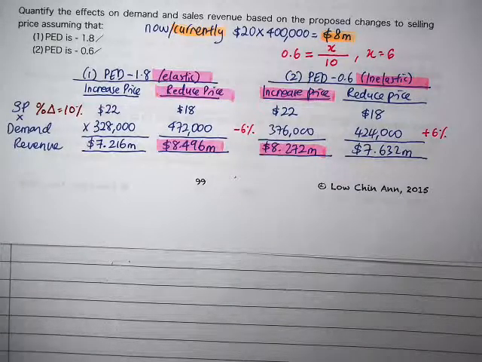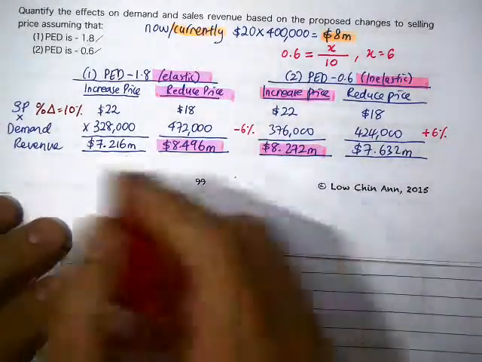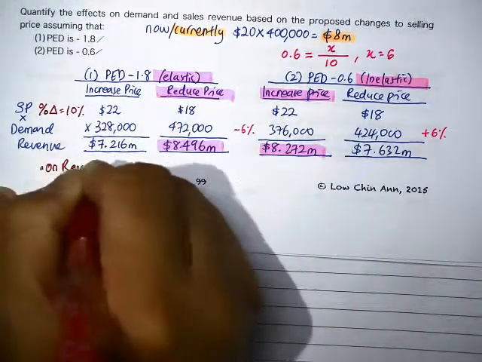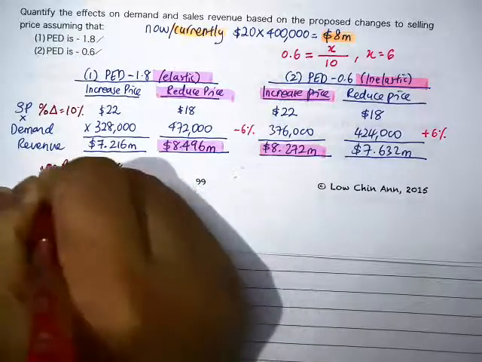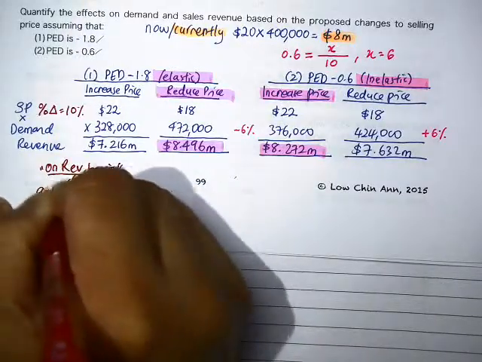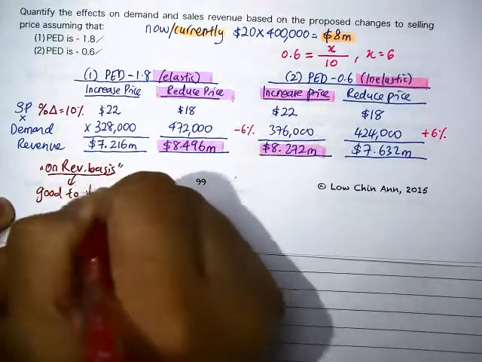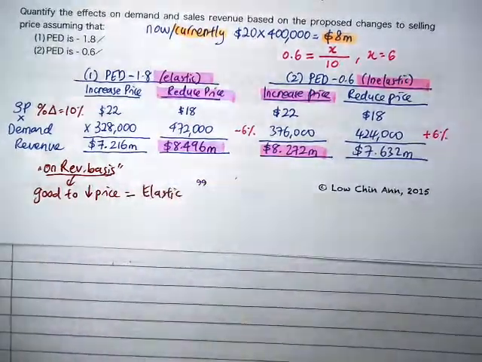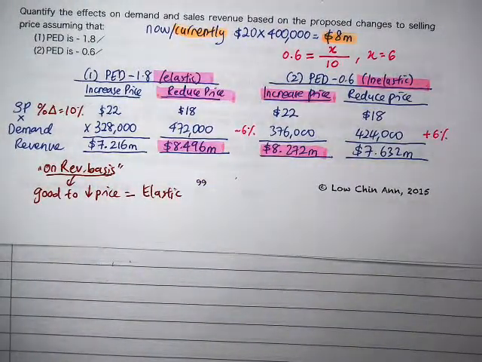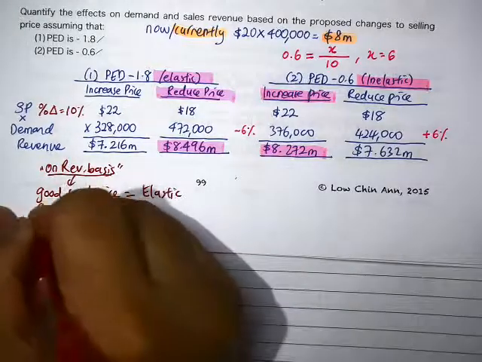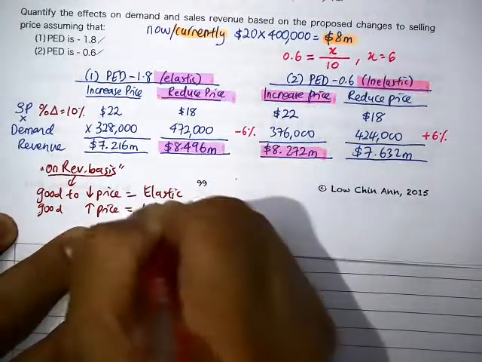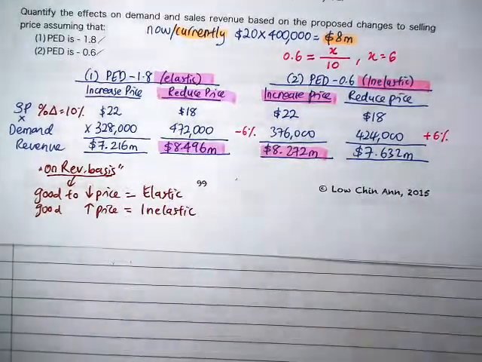So from here we can understand that on a revenue basis, it will be good to reduce price when the thing is elastic, and it will be good to increase price when the thing is inelastic.